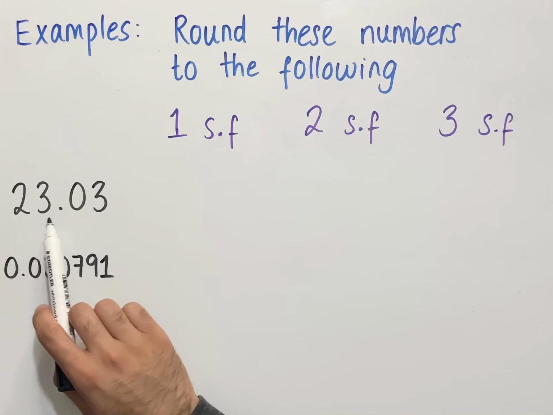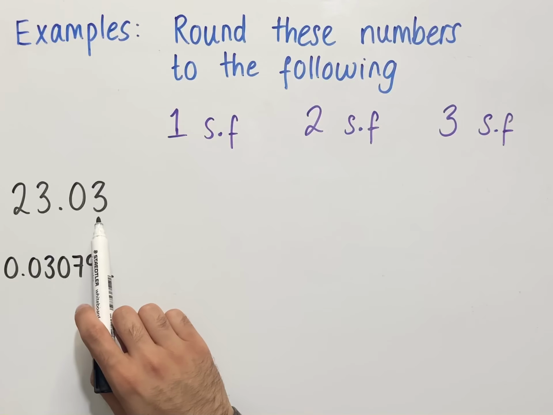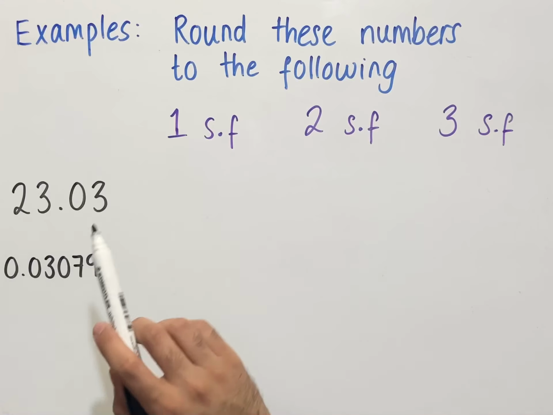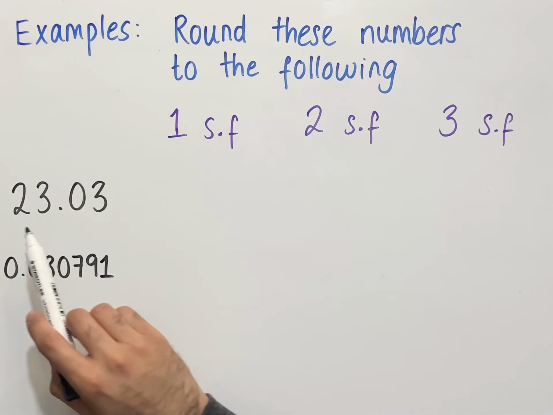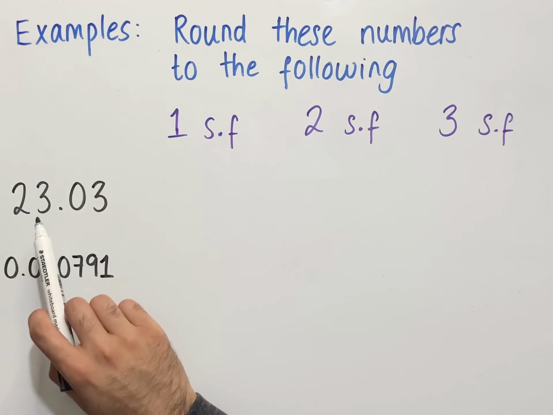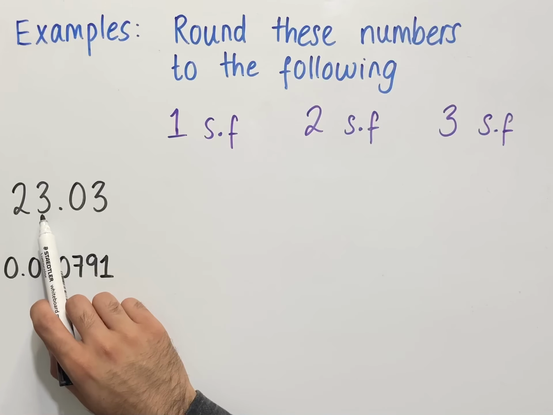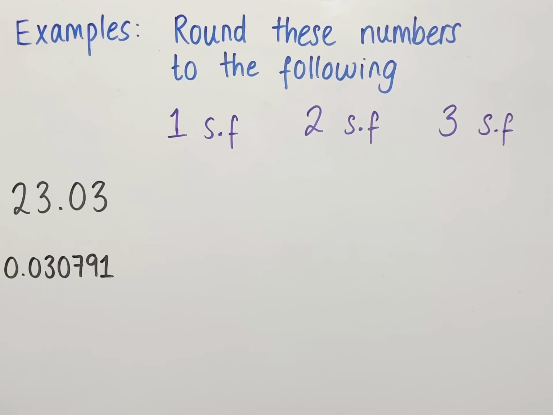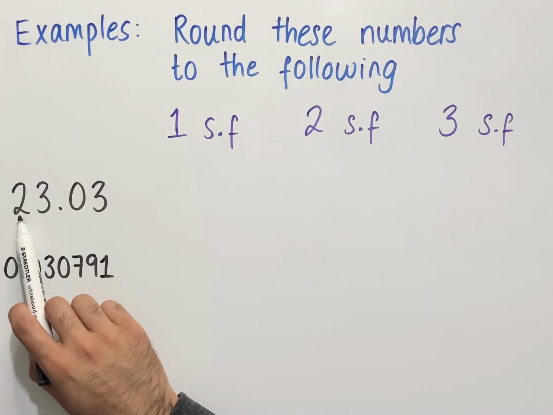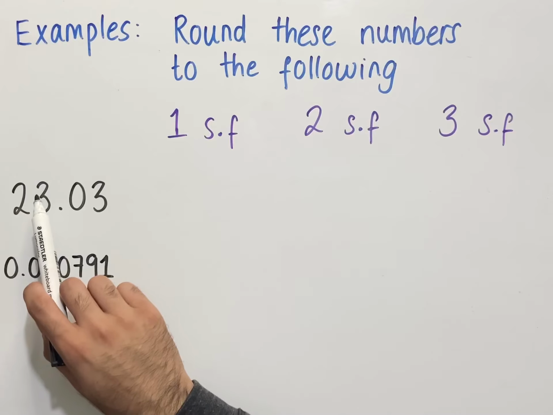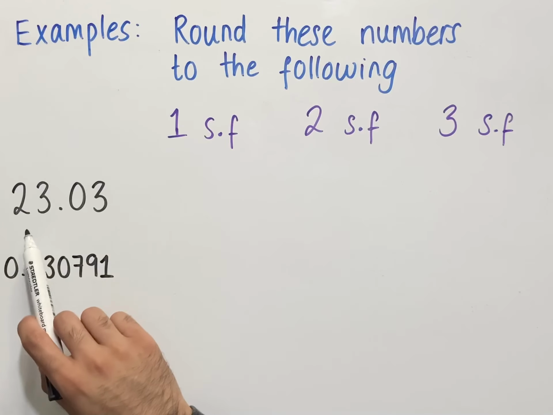So 23.03 to one significant figure is done in the following way. We look at the second significant figure, so that's the 3 here. Since the 3 here is less than 5, this number rounds down. And so the 2 stays the same, that isn't affected, but the 3 now rounds down to a 0.